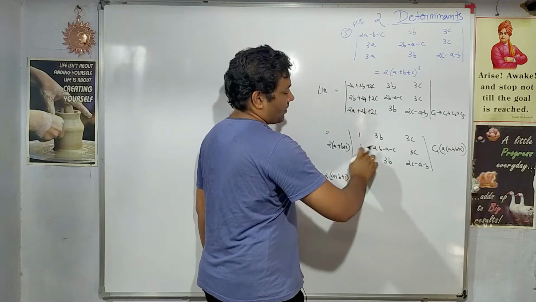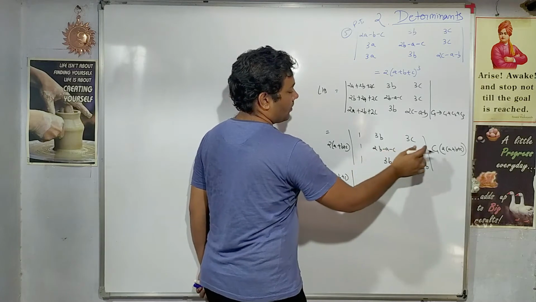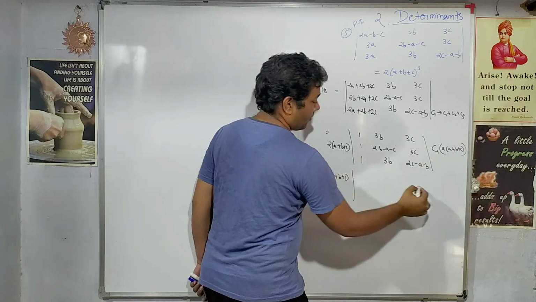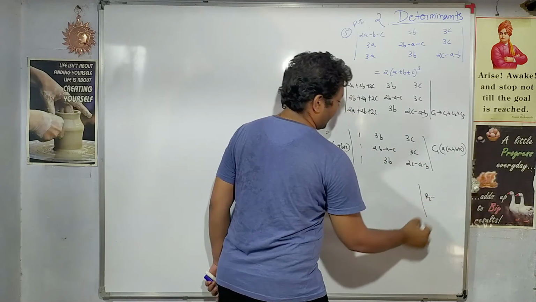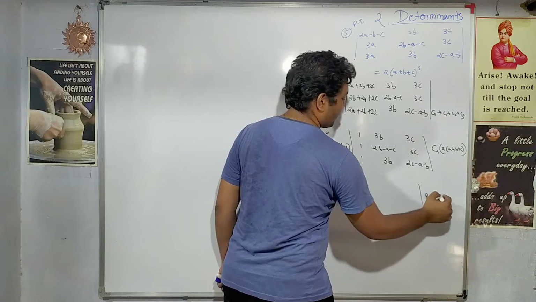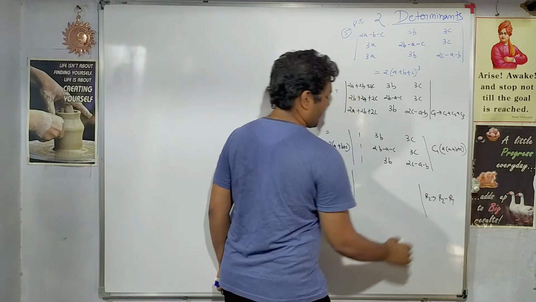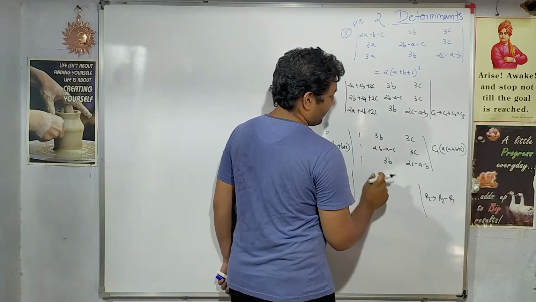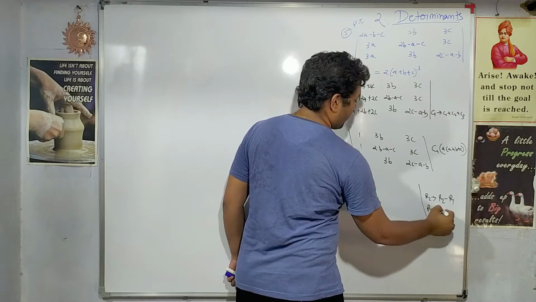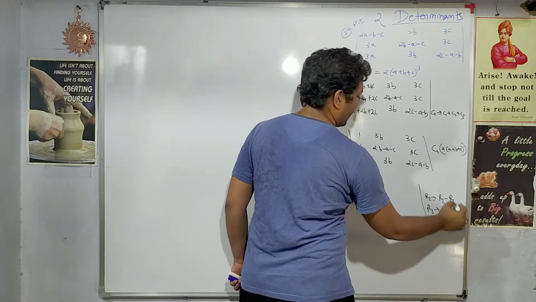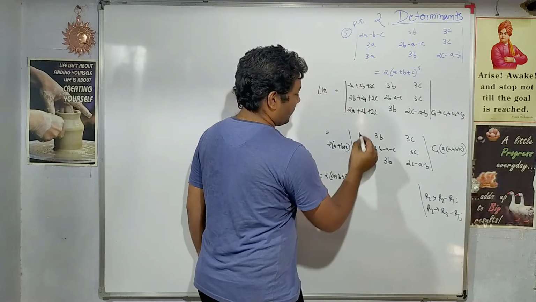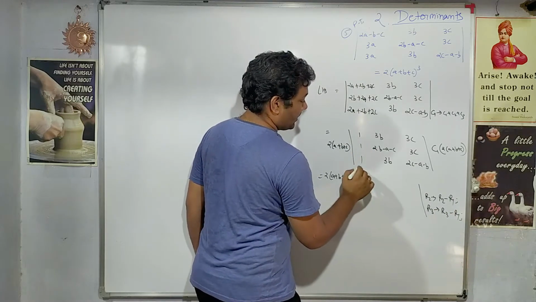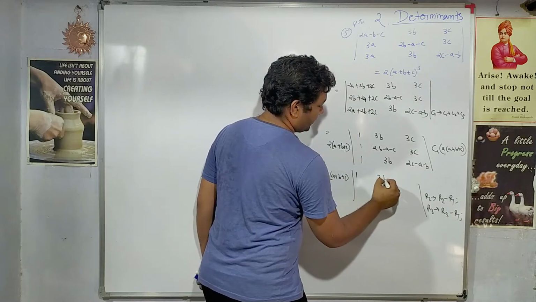Yes. In the second row I will carry out the operation R2 minus R1, and similarly on the third row it will be R3 minus R1. So the first row will remain as it is: 1, 3b, 3c.